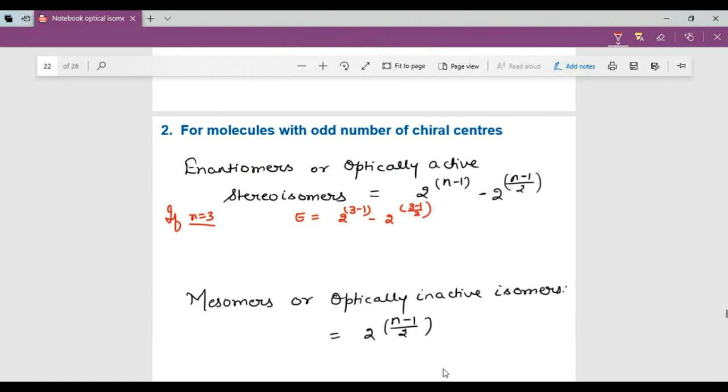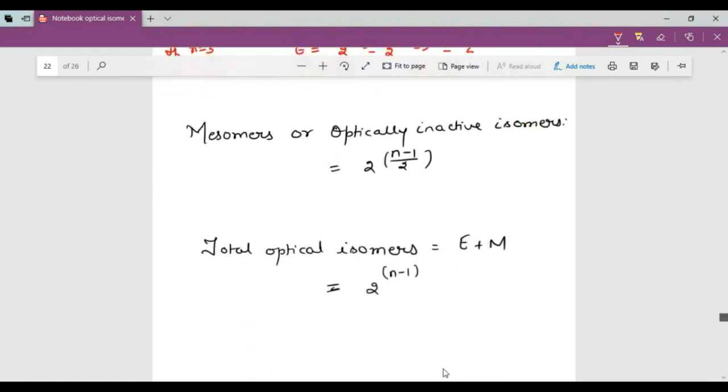So this is 2 by 2, that is 2 raised to power 1, that is 2. So 4 minus 2 will make it 2. So I'll have 2 enantiomers. See, mesomers. If n is 3, then M meso is 2 raised to power 3 minus 1 by 2. 3 minus 1 is 2, 2 by 2 is 1, 2 raised to power 1, that is 2 mesomers.